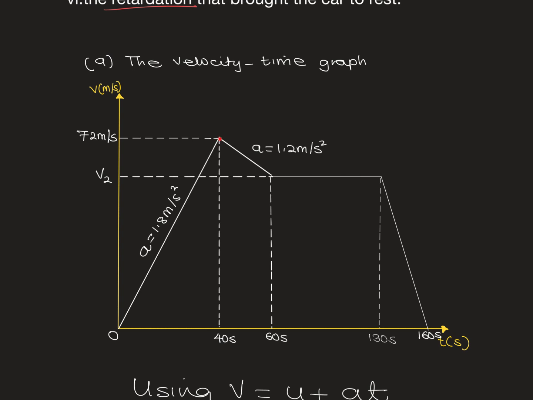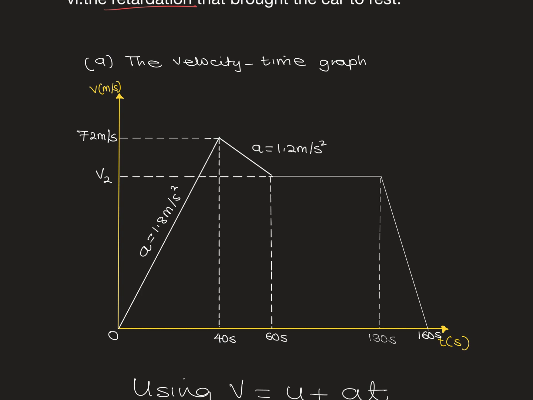So this is the final velocity at the first phase of the motion, but you have to remember that it is going to be the initial velocity for the second phase of the motion, right? Because the final velocity for the initial phase of the motion will serve as the initial velocity for the next phase of the motion. So as you can see, the body starts decelerating from this velocity, that is 72 meters per second, during the second phase of the motion to reach its final velocity here, which is V2.